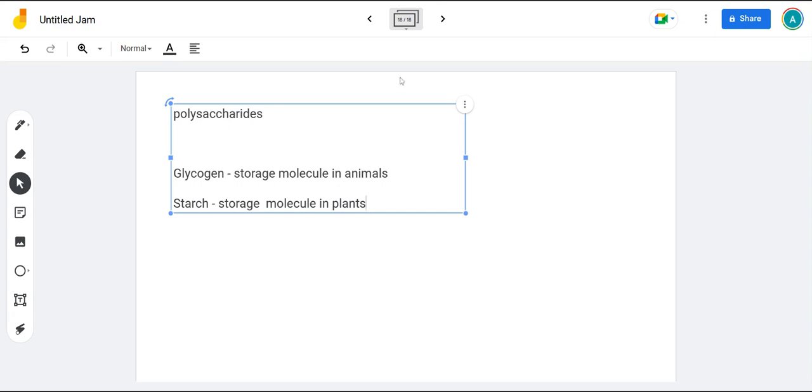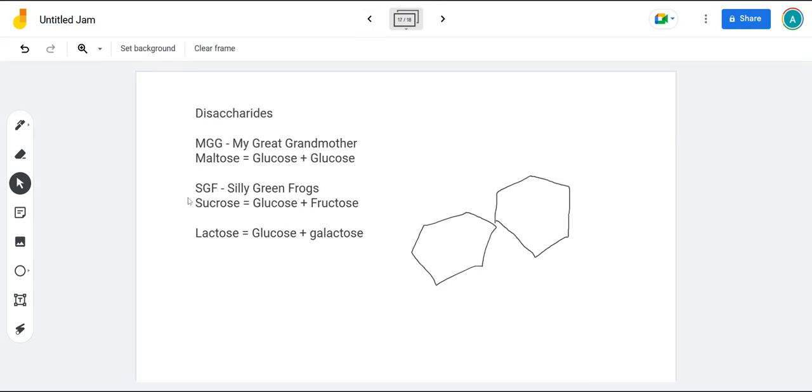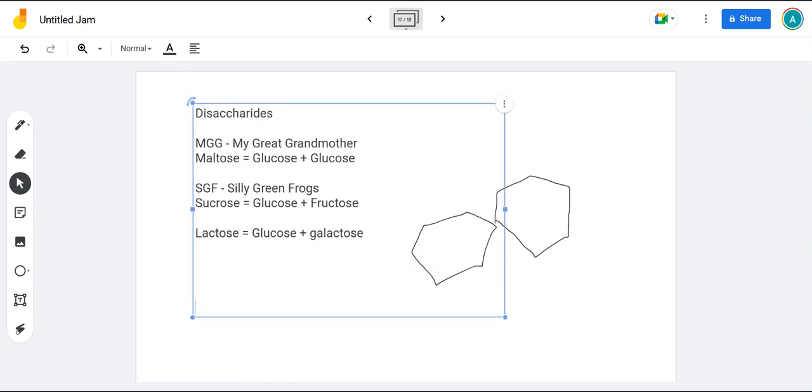If we go back to disaccharides a second, I just realised I wanted to add something else about these. So disaccharides are also soluble. They're still very small molecules, which is what makes them soluble. So monosaccharides are soluble, but disaccharides are also still soluble. So that's useful because they can also be transported. They also dissolve and can be transported around the plant or around the animal.